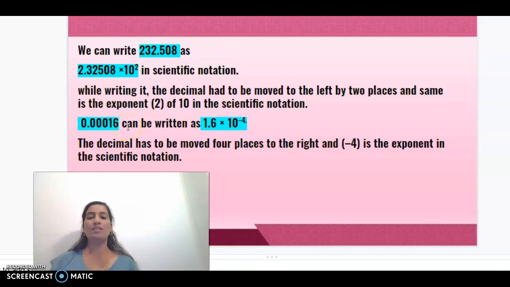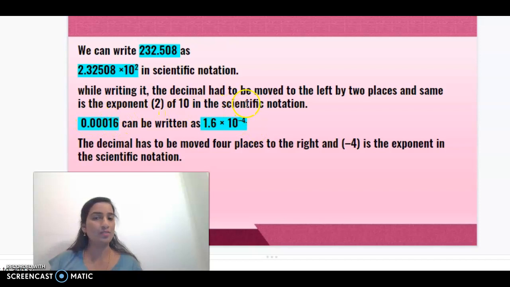0.0016. How can we write it? Spot the decimal first. We spotted it. Now, it's a small number, so we have to shift the decimal from left to right until there is a non-zero digit to the left. It will move 1 place, 2 places, 3 places, 4 places. So we can rewrite it as 1.6, discarding all the non-significant zeros, into 10 to the power of, how many places have we shifted? 4 places.